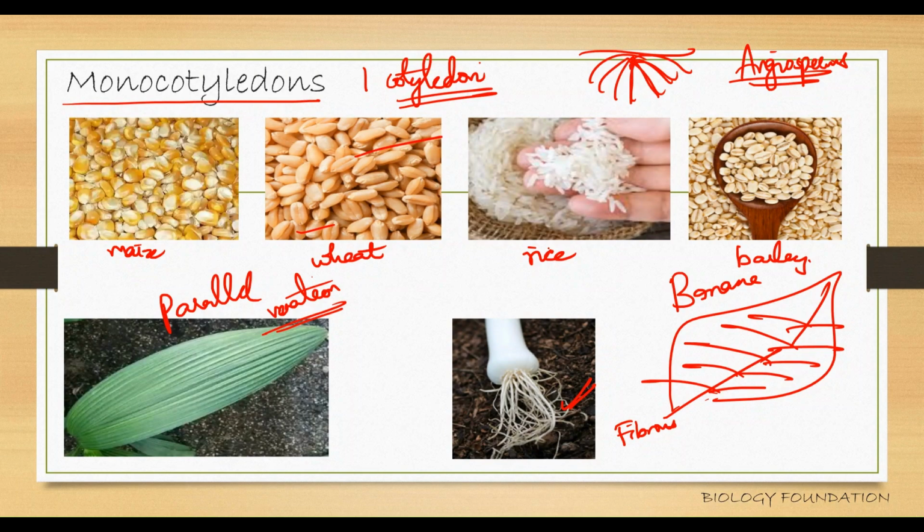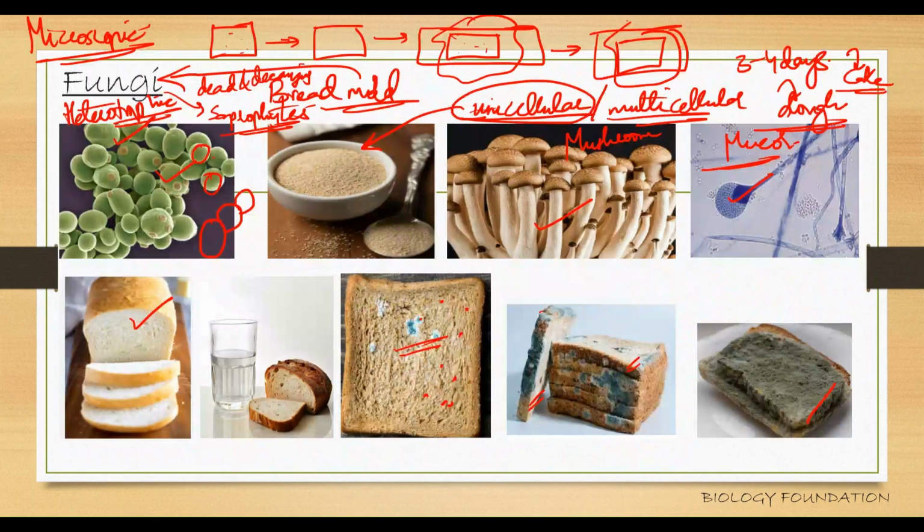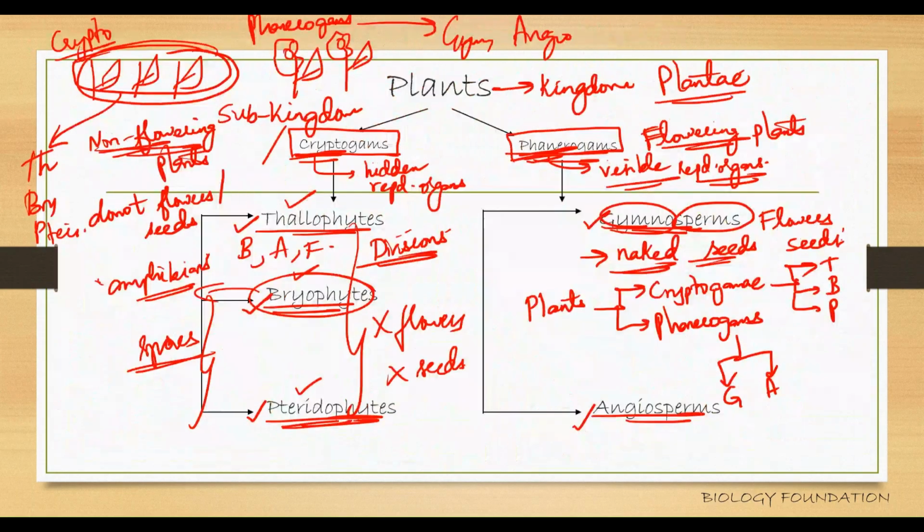Okay, so basically, in the natural system of classification, plants belong to the kingdom Plantae. Subkingdom they can either belong to cryptogamy or phanerogamy. If they are producing flowers, then they are kept under phanerogams. If they do not produce flowers, they are kept under cryptogams.